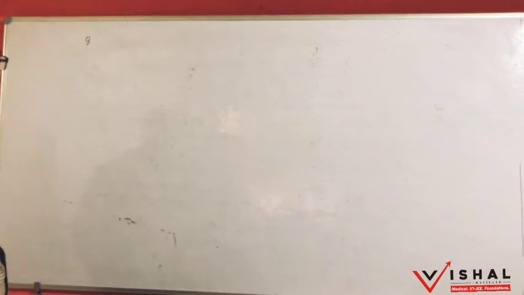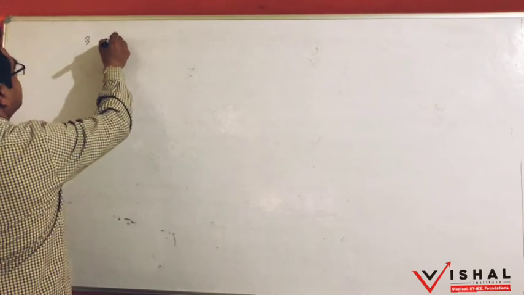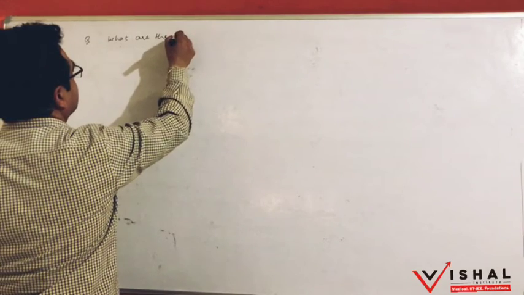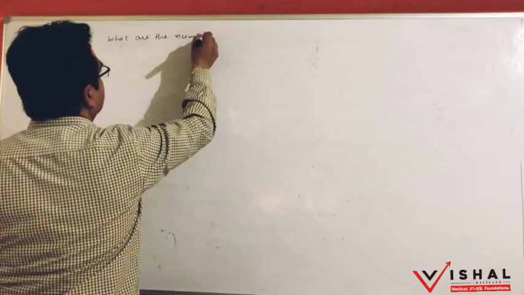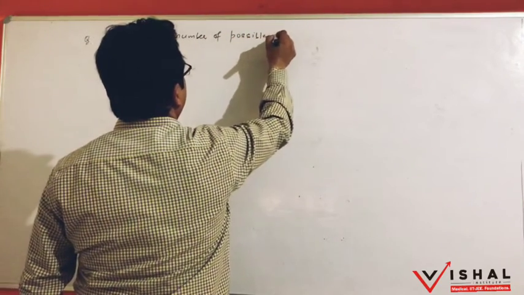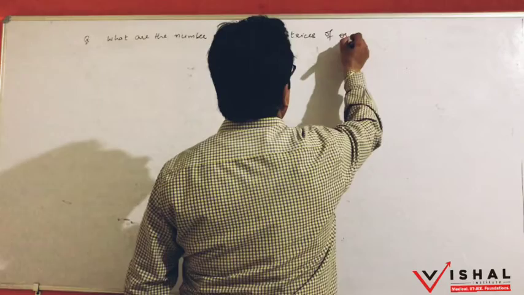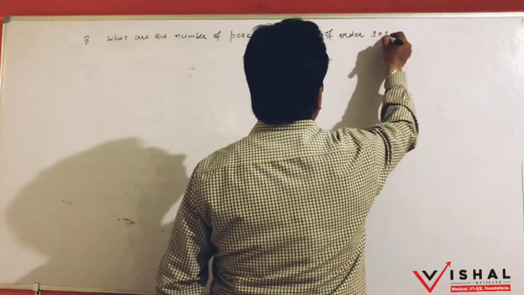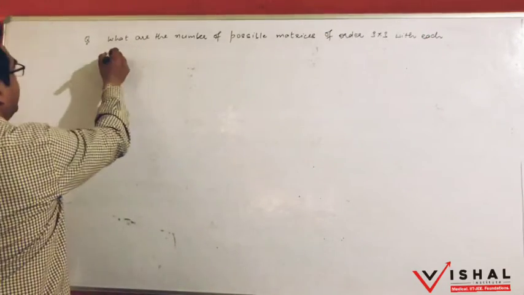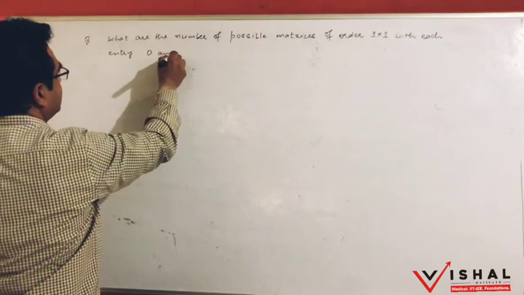Now let's answer one more question. What are the number of possible matrices of order 3 cross 3 with each entry 0 and 1?